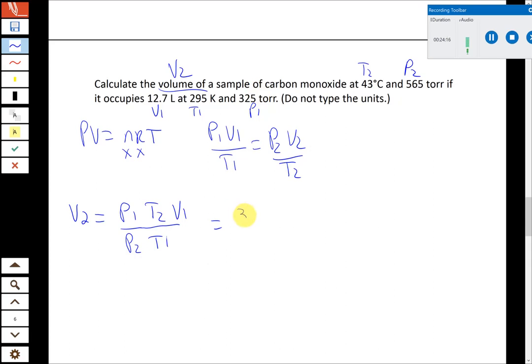So it's going to be 325 torr for P1, and then 565 for P2. And then the temperatures have to be in Kelvin. So we need T2 over T1. T2 is in Celsius 43, so we need to convert that to Kelvin by adding 273. That should be 316.